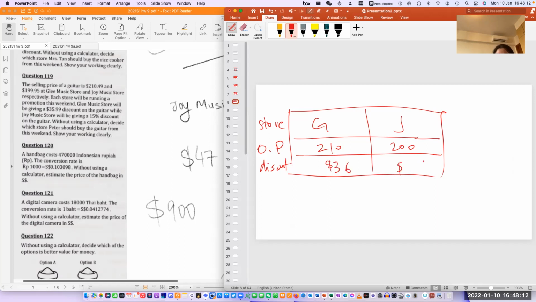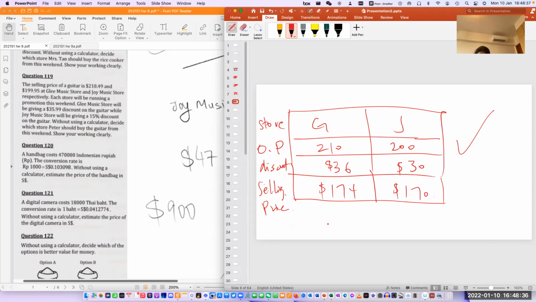This discount is 15% off, which is $30, and therefore this is the selling price. Then over here is 4, over here is 174, and this is 170. So probably you want to show this as your working.